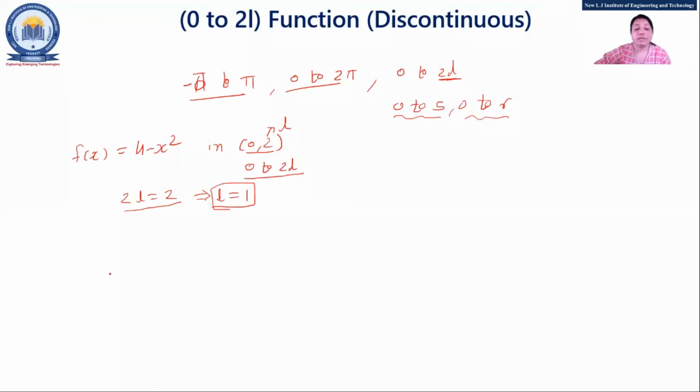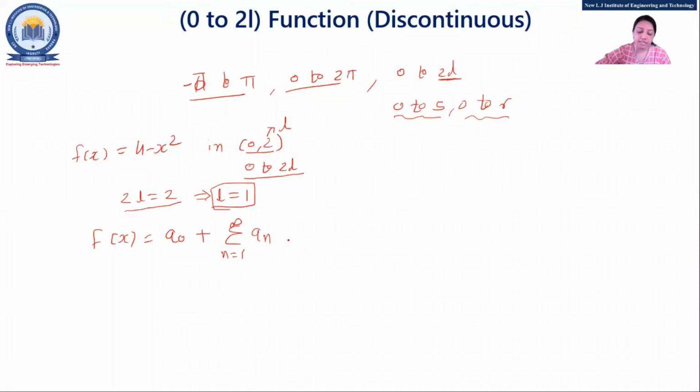Now what is the equation of the Fourier series? I am writing f(x) equal to a0. Here it's not a0 by 2, remember that. Plus the sum from n equal to 1 to infinity of an, that remains the same, then cos nx.